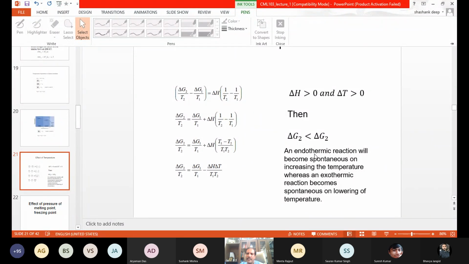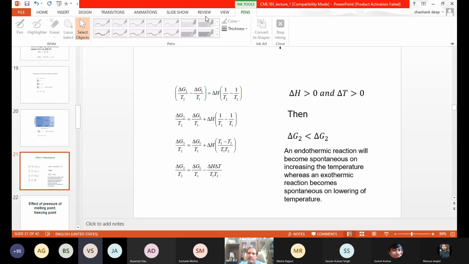That tells you that an endothermic reaction will become spontaneous on increasing the temperature, whereas an exothermic reaction becomes spontaneous on lowering the temperature. Is this okay? This we have already discussed in the last class, but through the equation you can understand it much better. Any questions here?